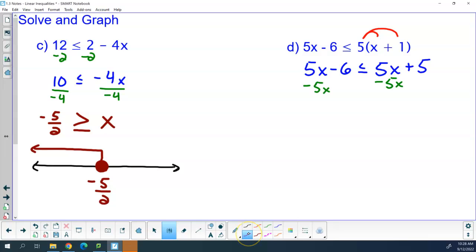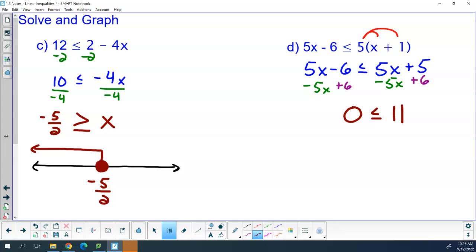If you wanted to, you could add 6 to both sides to get all the numbers on one side. But ruh-roh, what happens here? We've got 0 is less than or equal to 11, with no variable.